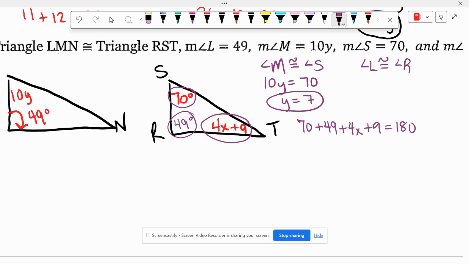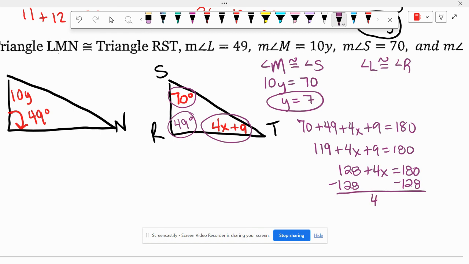All right. So 70 plus 49, 119 plus 4x plus 9 equals 180. 119 plus 9, well, that's 128 plus 4x equals 180. I could subtract 128 from both sides.